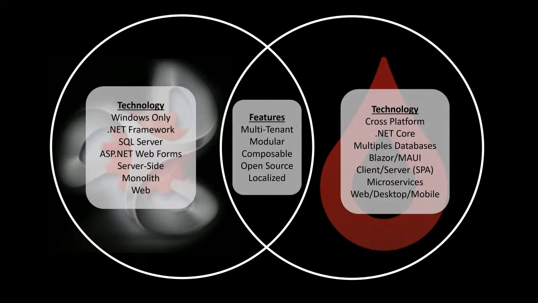So it's really Blazor for the front-end technology. It uses the client-server architecture approach of single-page applications. It supports microservices, and it doesn't just run on the web. Using some of these newer capabilities, you can build desktop applications, you can build mobile applications as well. So I guess you would say that Oqtane has more capabilities than .NET Nuke ever had just because of the greater flexibility you have.